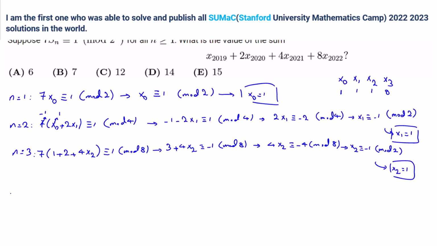Yeah. Now n4, we can consider 7 times (1 plus 2, 3 plus 4, 7) plus 8x3 is congruent to 1 mod 16, right? Yeah. So here we can say 56. Let's do something. Yeah, we can multiply both sides by negative 9.